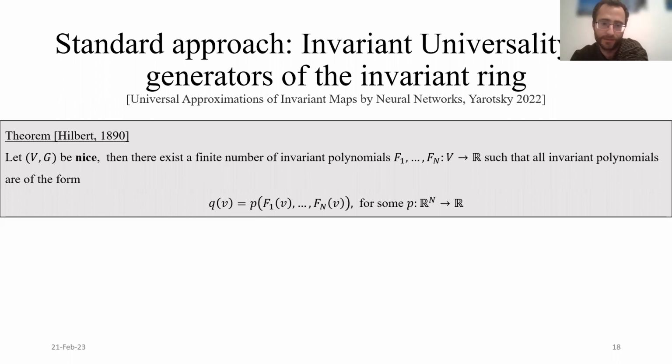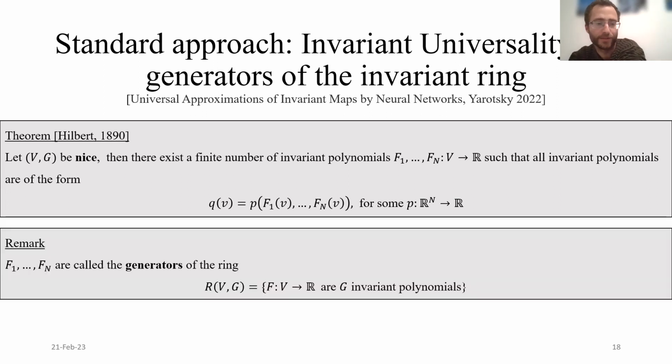So we have this finite number of polynomials, F1 to Fn, and any other invariant polynomial is just a polynomial in F1 to Fn. In algebraic language, this means that they are the generators of the invariant ring. So that's a useful result.